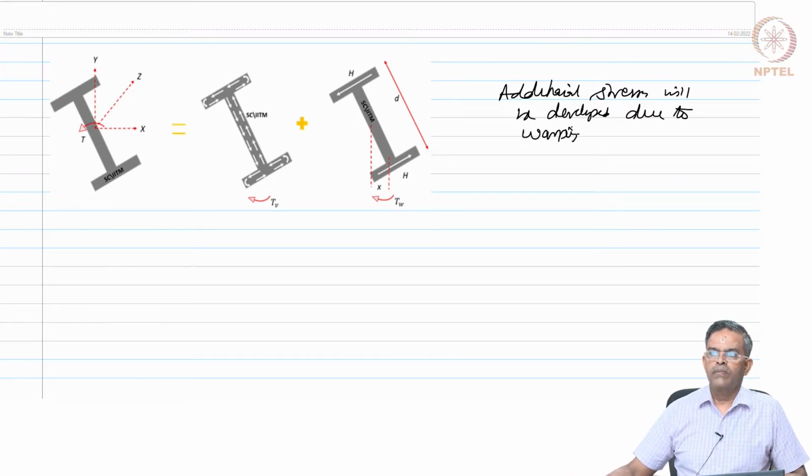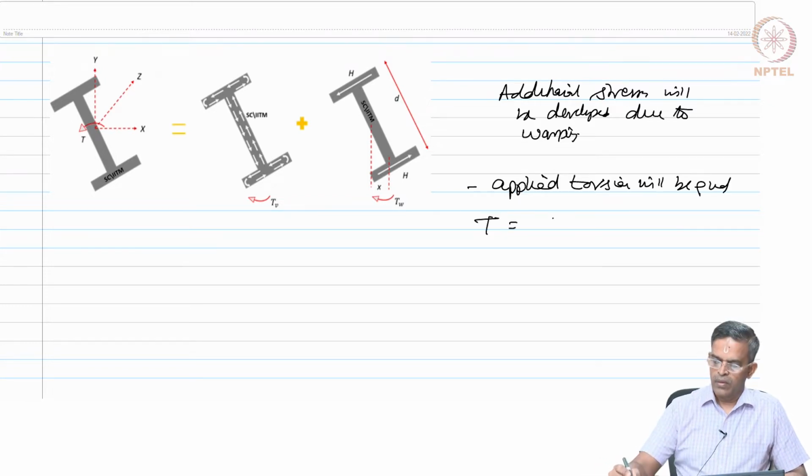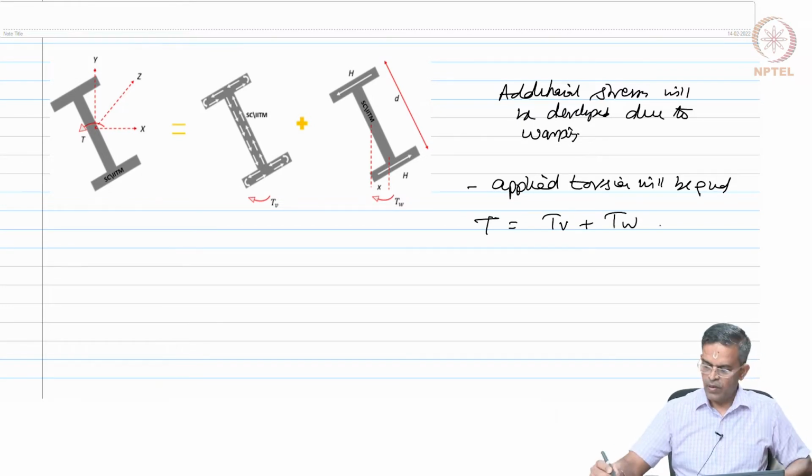Hence, the applied torsion will now be equal to torsion due to pure shear plus warping. This is equation 7 we already have with us.